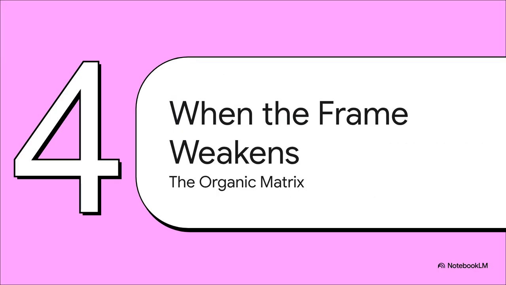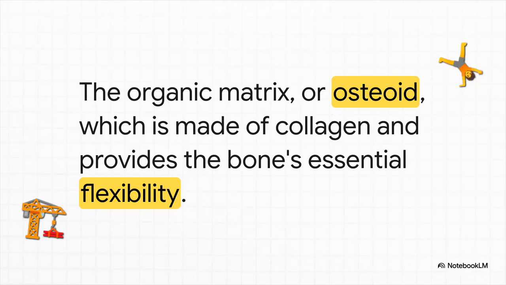But hardness isn't everything. What if your bricks are perfectly solid, but the building's underlying frame is weak? That brings us to our second key component, the organic matrix. This is the steel frame of our building. It's the organic part of the bone, also called the osteoid, and it's made mostly of collagen. This frame is what gives bone its flexibility, its tensile strength, that ability to bend just a little bit without snapping.